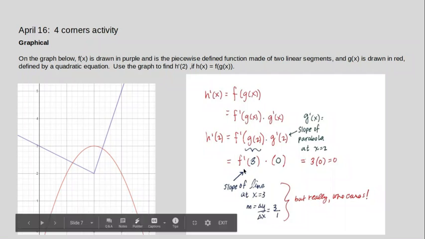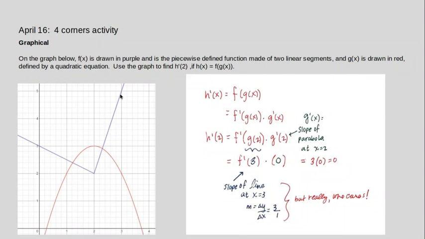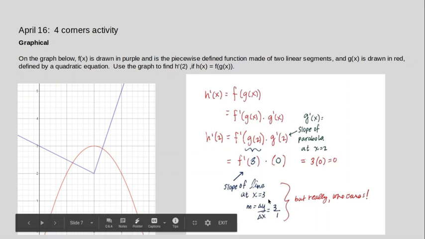Then f prime of 3, so what I'm looking for is what's the slope of this f function, which is linear, at the point 3. Well, here's the point, but what would the slope be there? I'm thinking rise over run. Change in y is 3, change in x is 1. So the slope of that line is also 3.